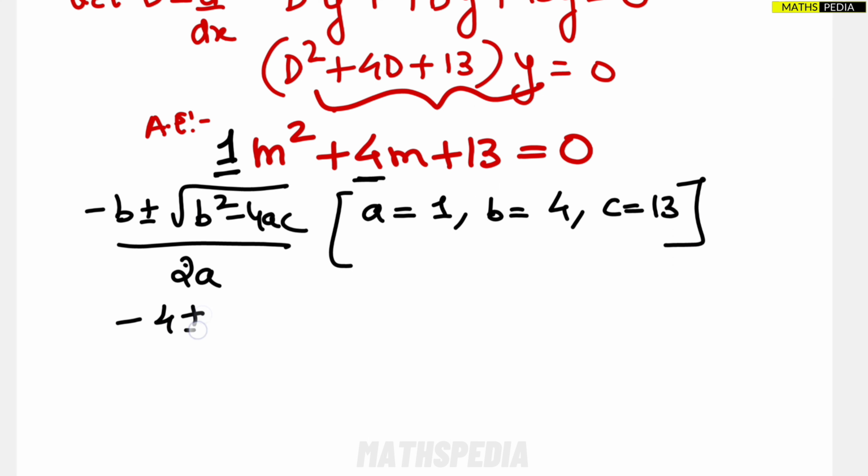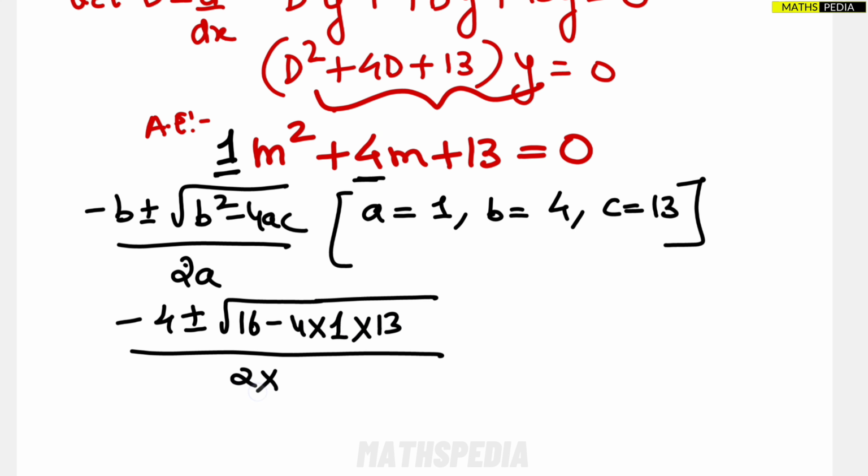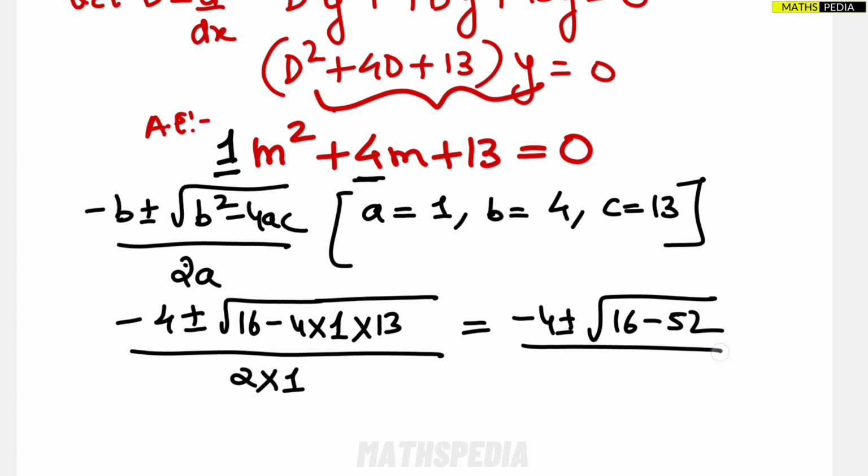So minus 4 plus or minus square root of b square, which is 16, minus 4 into 1 into 13, whole divided by 2 into 1. So minus 4 plus or minus square root of 16 minus 52, divided by 2.